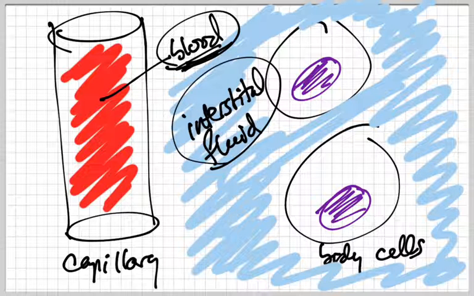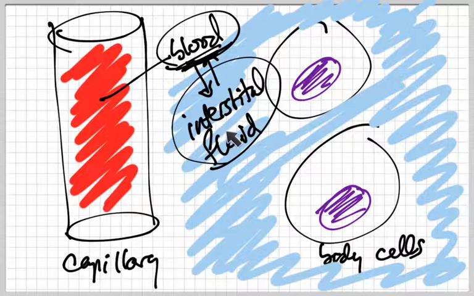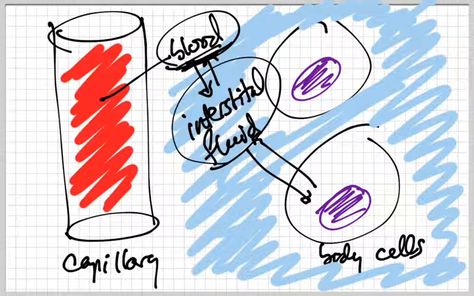So nutrients, gases, and substances are going to be exchanged between the blood and the interstitial fluid first. And the interstitial fluid is then going to exchange those nutrients and substances with the body cells. So substances like oxygen, like CO2.